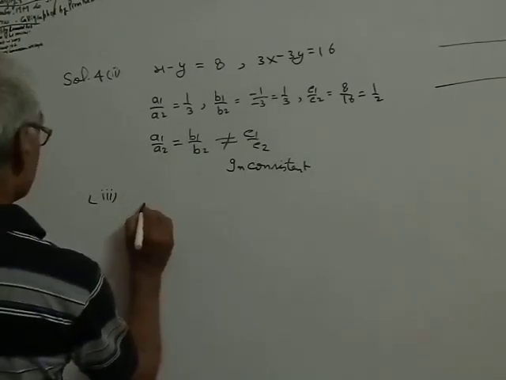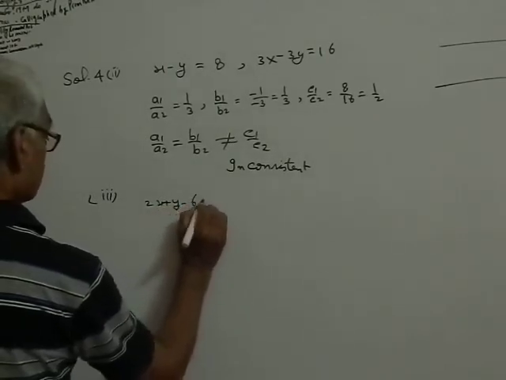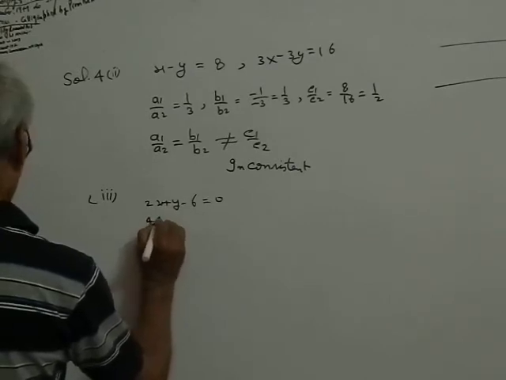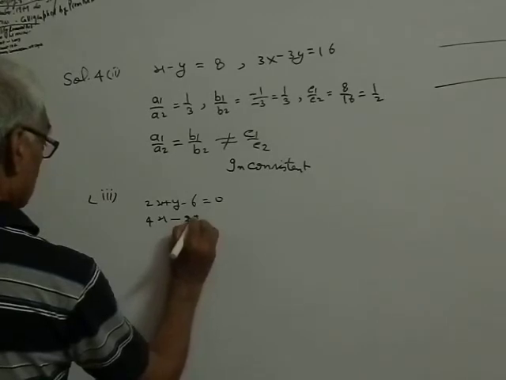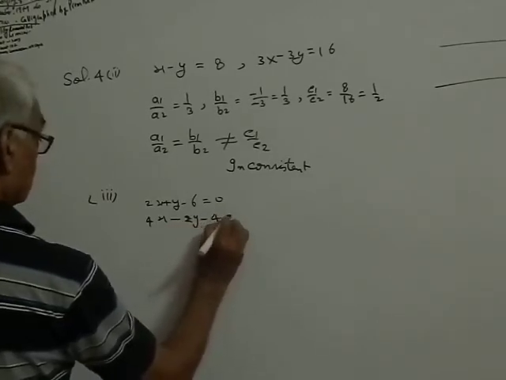The third part is 2x plus y minus 6 is equal to 0, and the second equation is 4x minus 2y minus 4 is equal to 0.